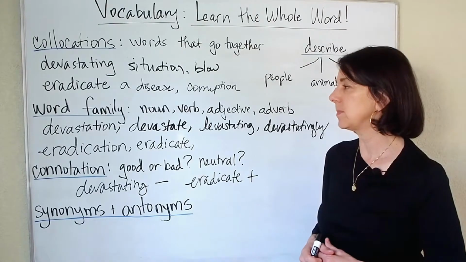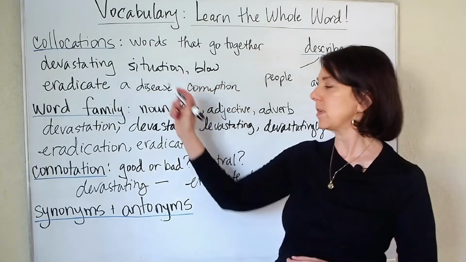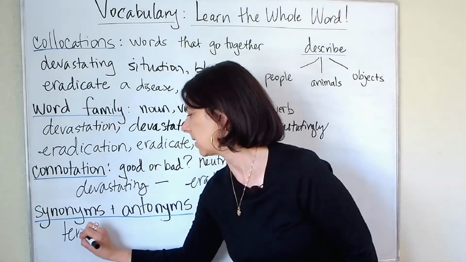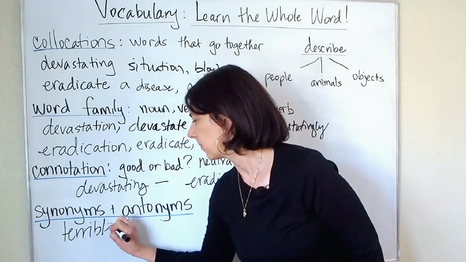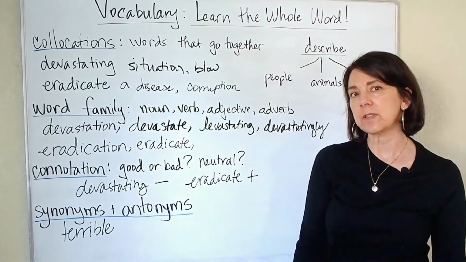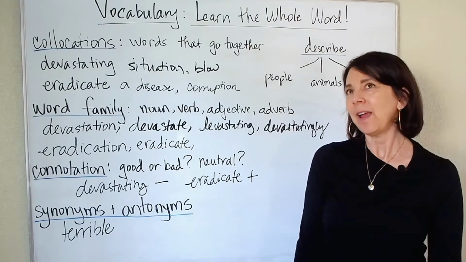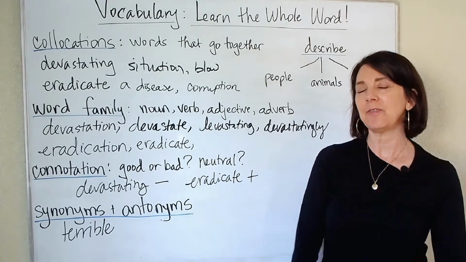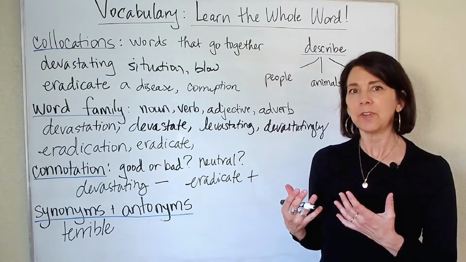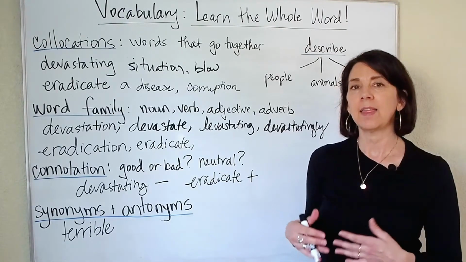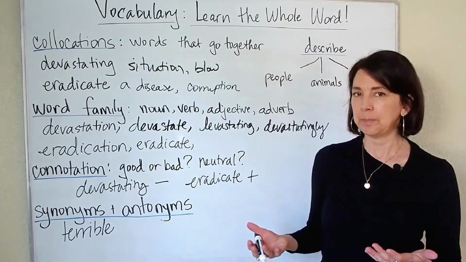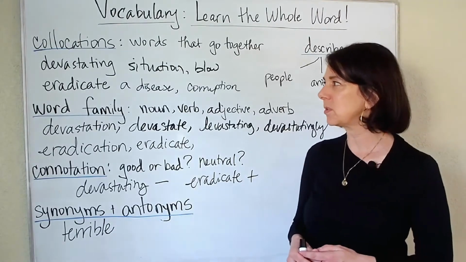Next, for synonyms and antonyms. For devastating, we might say that the word terrible is an easy and clear synonym. You know, if I use the word devastating, I feel like devastating is more specific and stronger than terrible, but terrible is probably the closest word.